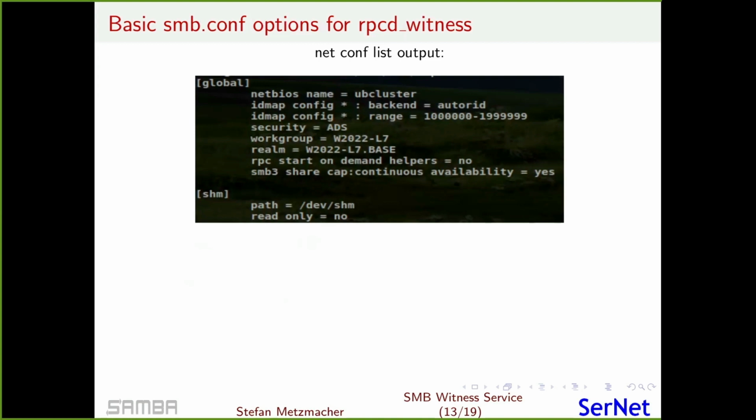So in order to configure this, I use this very simple smb.conf setup. The rpc start on demand helpers equals no is there. And then because we don't want to flood the Windows client logs, we have the smb3 share cap continuous availability set to no by default. So if someone wants to experiment with that, it can be used there. It could also be in the share section below in order to have it just for a single share.